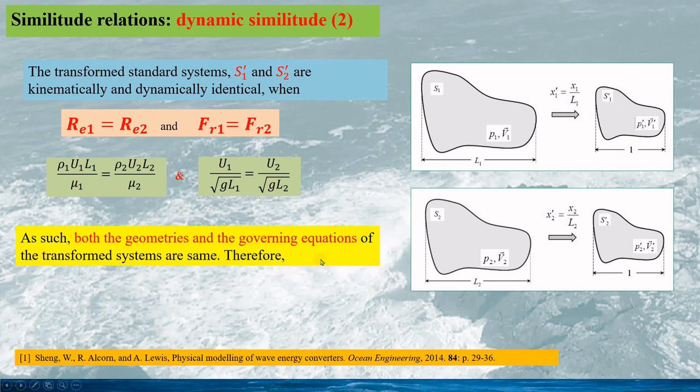Under this condition, the transformed systems are geometrically and dynamically identical. Thus, we can say these two systems are the same. S1 prime equals S2 prime.